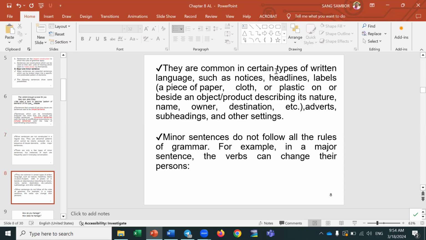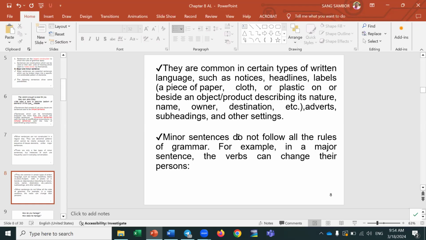They are common in certain types of written language such as notices, headlines, labels, piece of paper, cloth or plastic, on or beside an object or product describing its nature, name, owner, destination, adverbs, subheadings, and other settings.